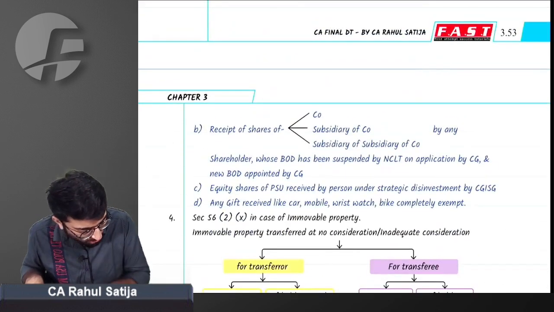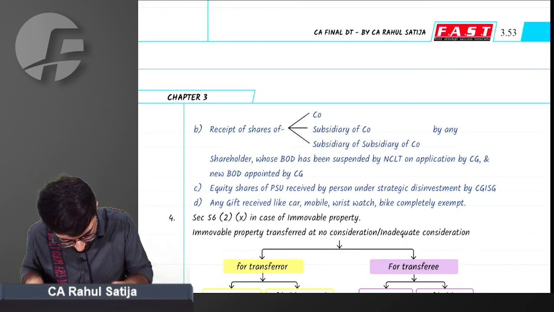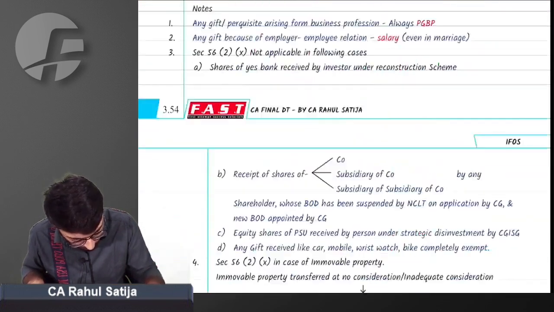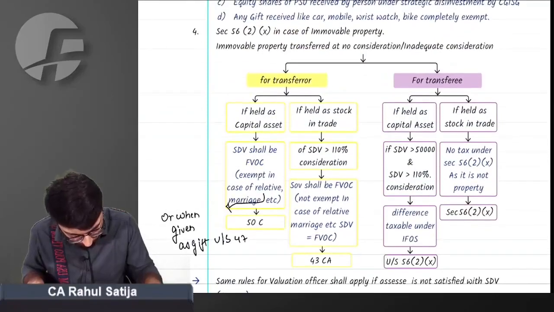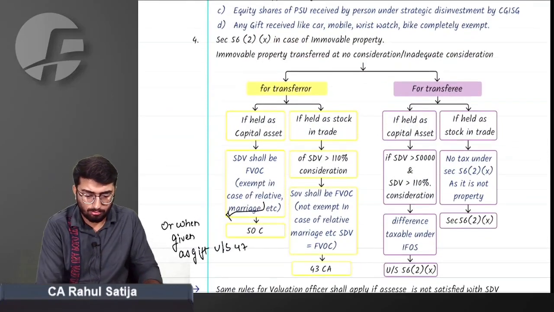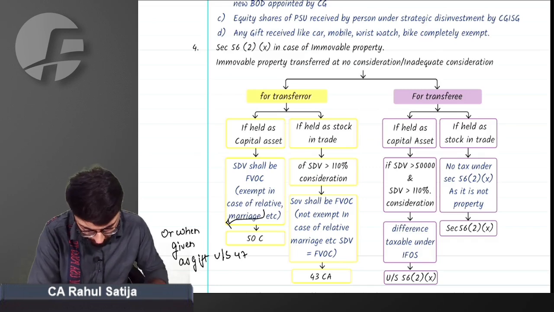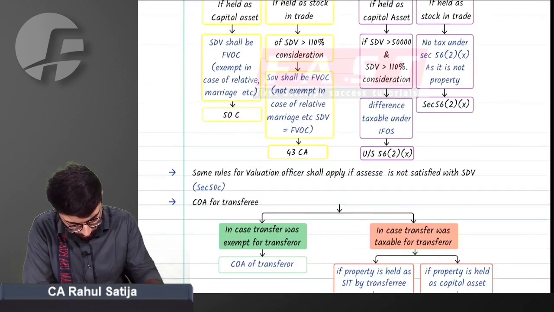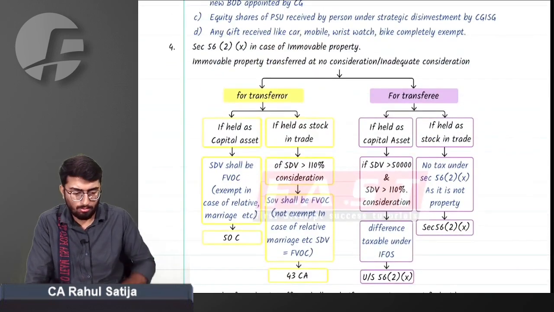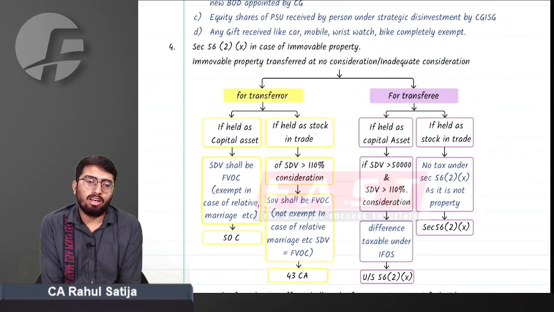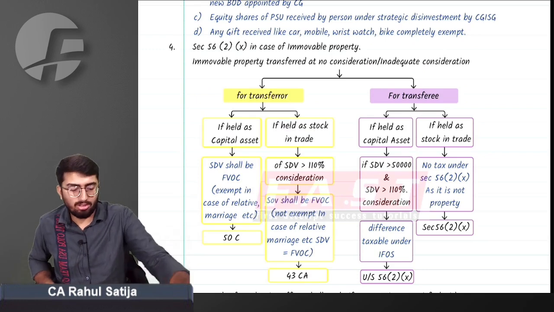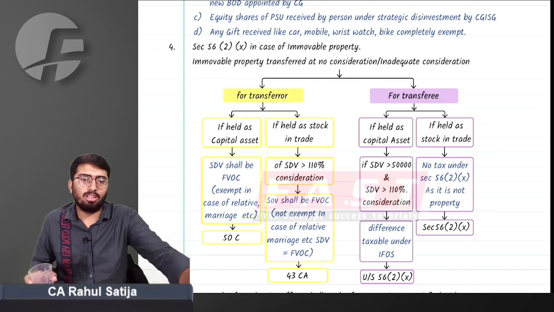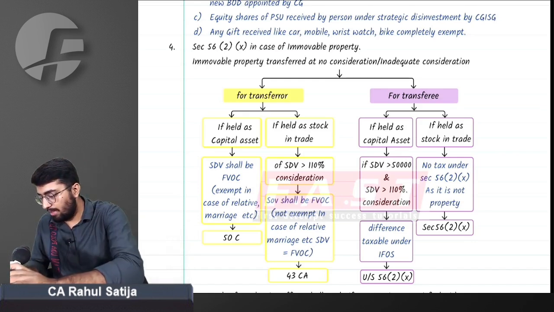I want you all to focus at page number 58. Now I want all of your focus for a few minutes, because we are talking about gift of immovable property.